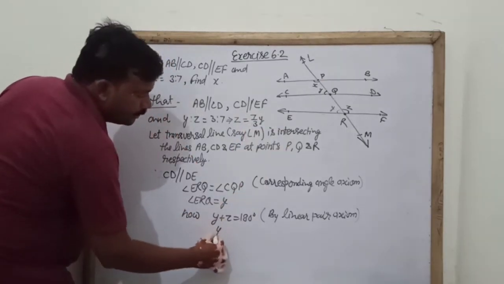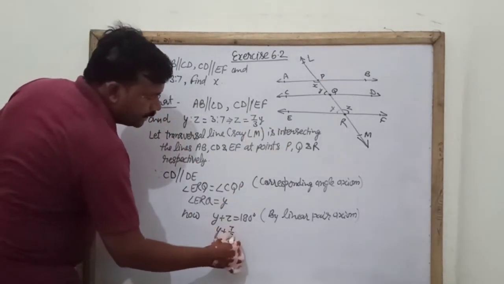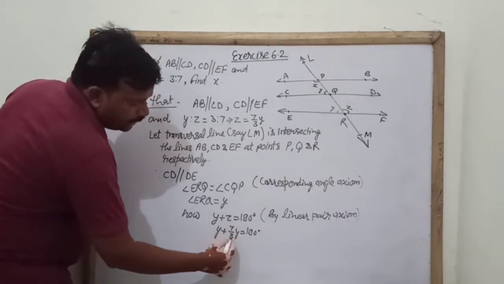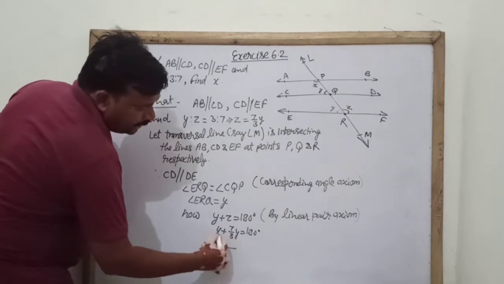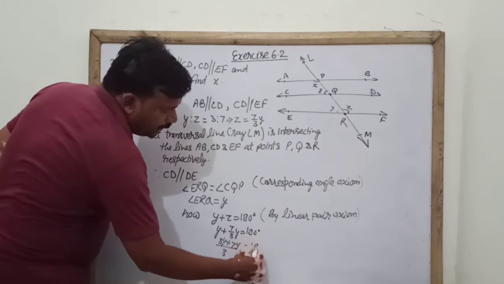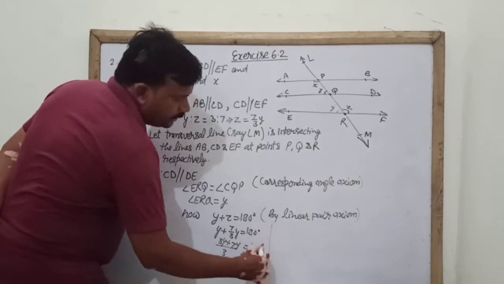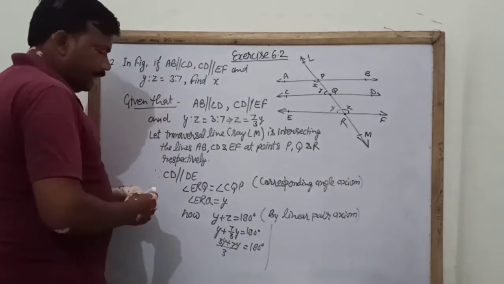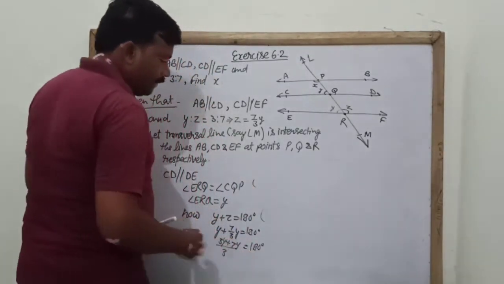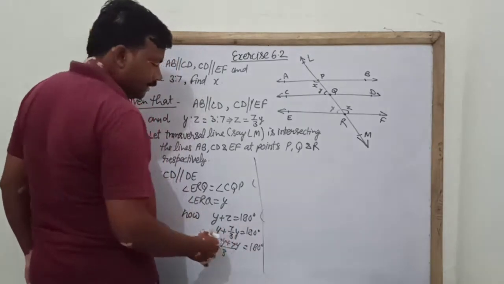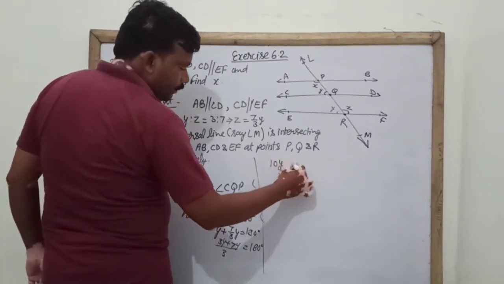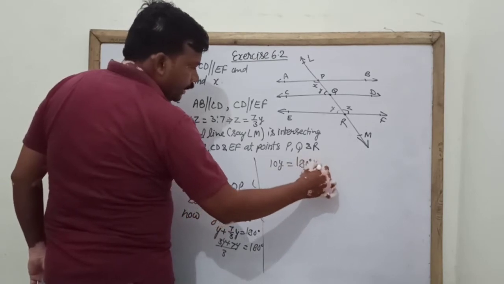Putting here the values, y plus 7 by 3y equal 180 degree. Taking LCM, 3y plus 7y equal 180 degree. 10y equal 180 degree into 3.